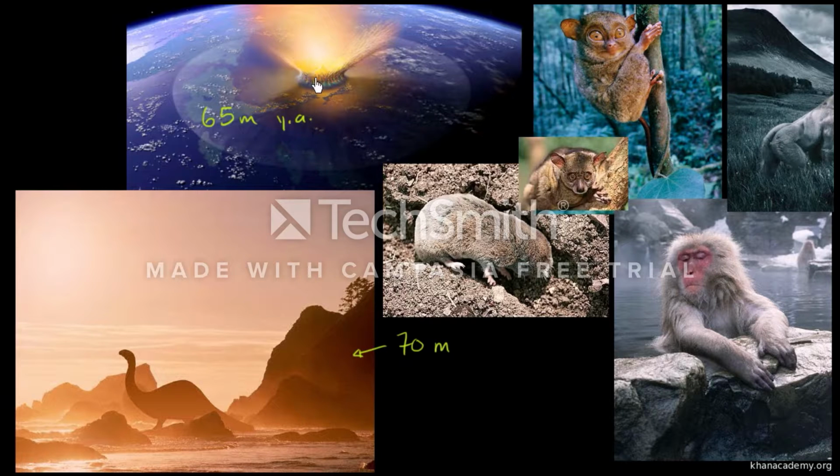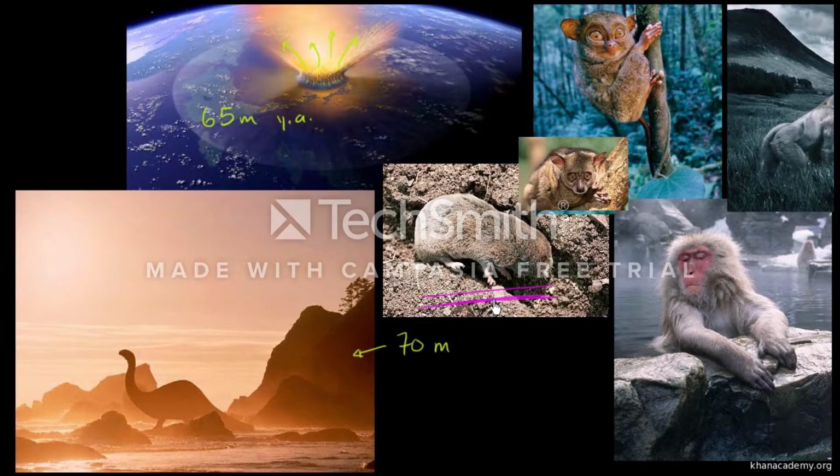Because you can imagine the shock wave itself would just exterminate tons of species. Then you would have the tsunami of unimaginable size that would just envelop the continents for some period of time. And then you would have all of the soot that would go into the air and maybe make it impossible for most of the plant species to live because it would be blocking out all of the sunlight. And so in an environment like that, we could imagine that an animal like this would be well suited to survive.